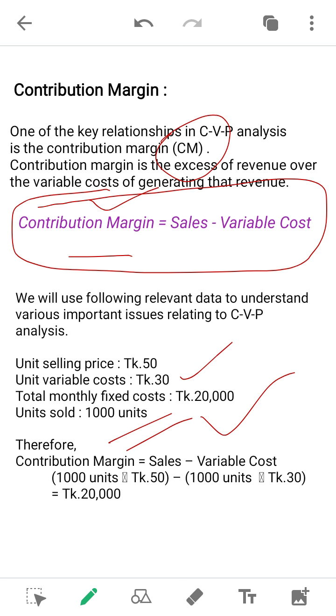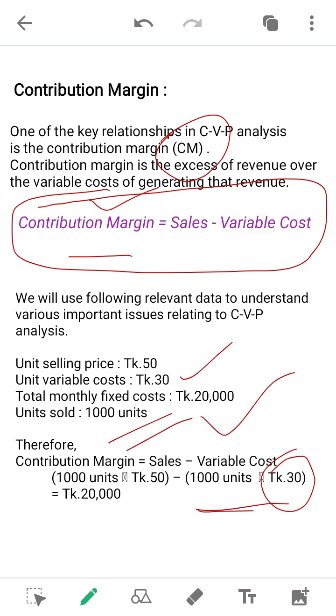And therefore, if you follow the previous rule, contribution margin is equal to sales minus variable cost, and here there is 1,000 units sold into 50 taka, minus 1,000 units into 30 taka variable cost.